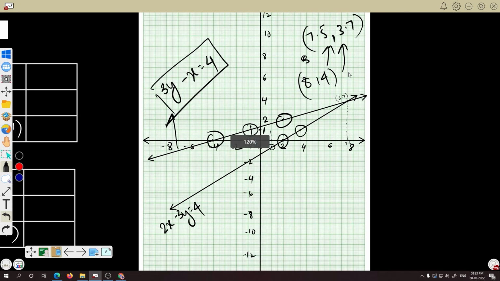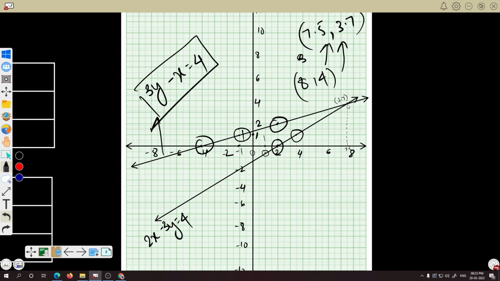I won't change this. The graph will be the same. My value is 7.5 comma 3.7, which is in decimal, but the answer in your book is 8 comma 4. So I would suggest you solve this again and try to find the answer. If your answer turns out to be 8 comma 4, let me know in the comment section.